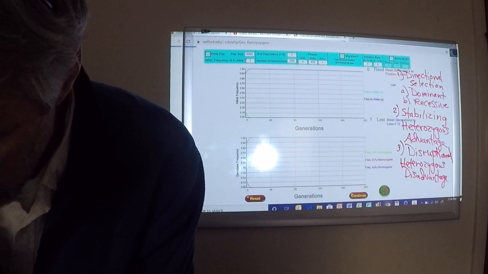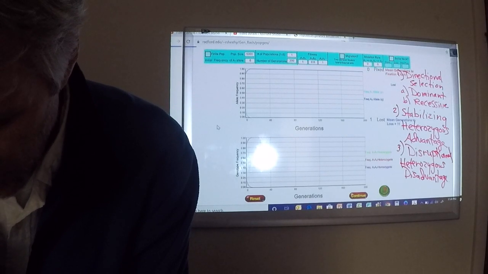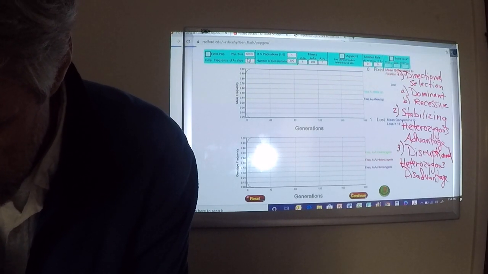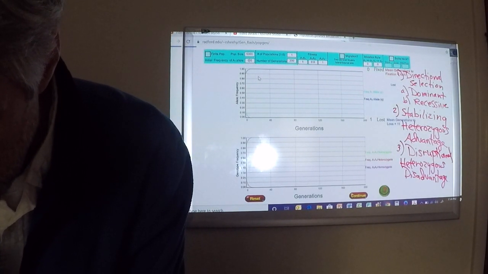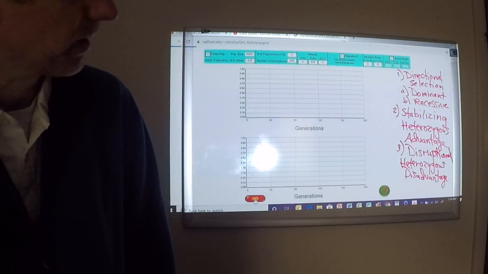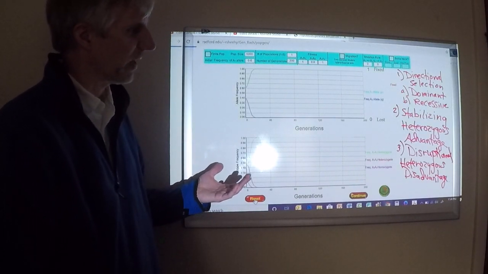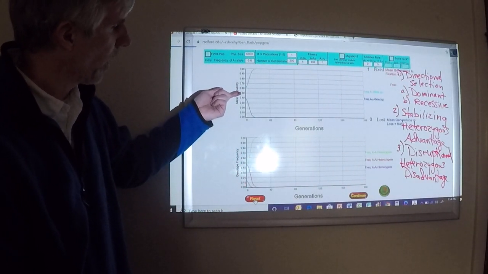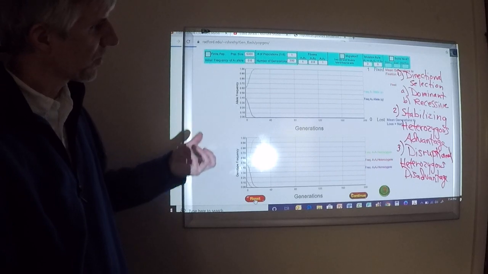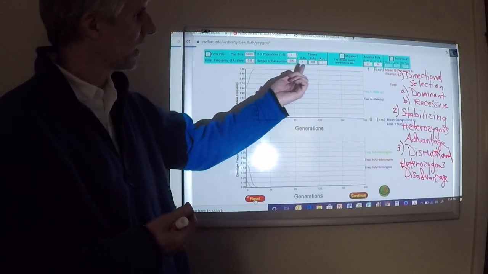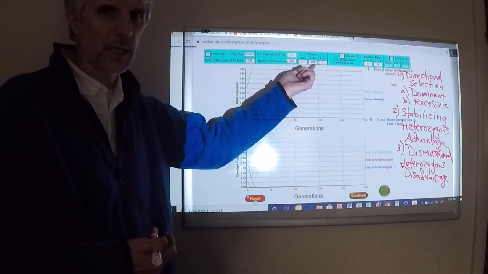If I started the allele frequency off at 0.6, what would this look like? Same thing. In heterozygous disadvantage, through disruptional selection, natural selection doesn't really like the heterozygote.